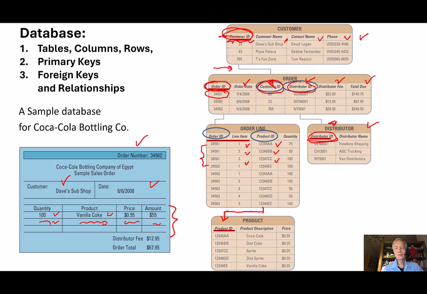Okay, so then the product table just stores basic product information: ID, description, and the price. So now we actually have a simple database which has 5 tables to manage this order processing system.